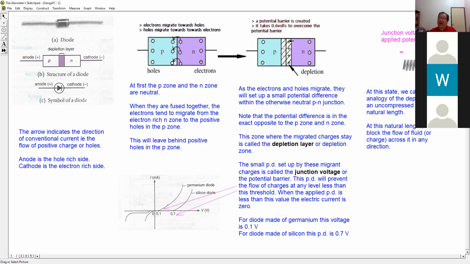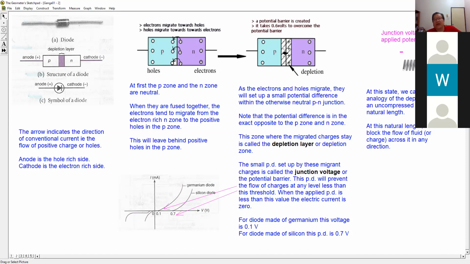Undisturbed means I have not connected to any external voltage yet. So in this undisturbed, or unbiased, state, there is a small potential difference within the diode itself. Okay or not? And this potential difference is called the junction voltage.